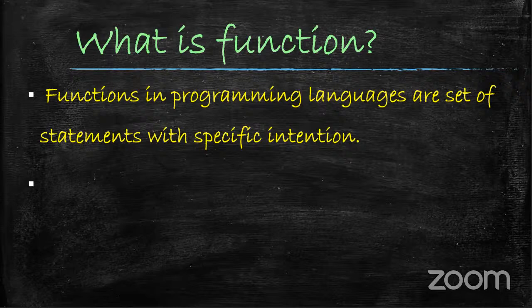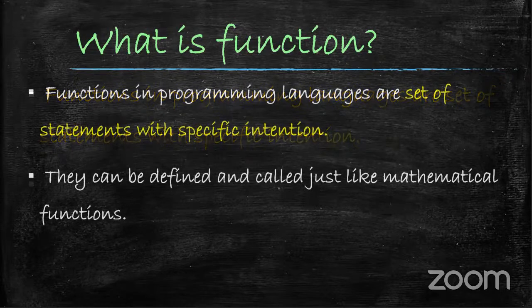There were a few operations on x, all with the same intention for g(x). Similarly, in programming, a function is basically a set of statements with a specific intention. The intention can be anything. Intention means a particular action you want to take.